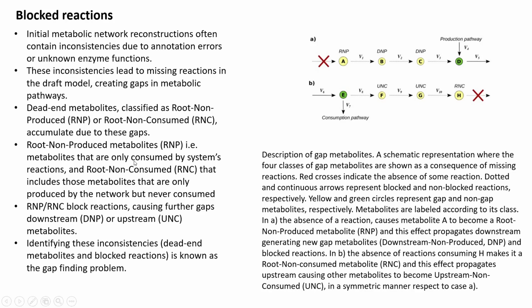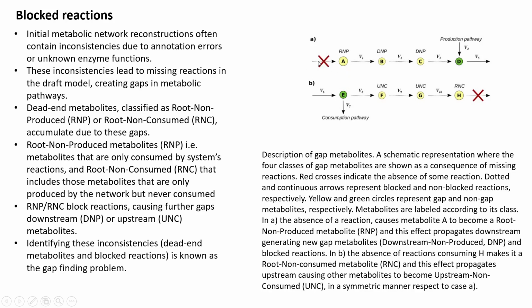So what are gap metabolites? This is a schematic showing four classes of gap metabolites that are basically a consequence of missing reactions. So this red cross indicates the absence of some reaction, because you do not know from where this A is coming.